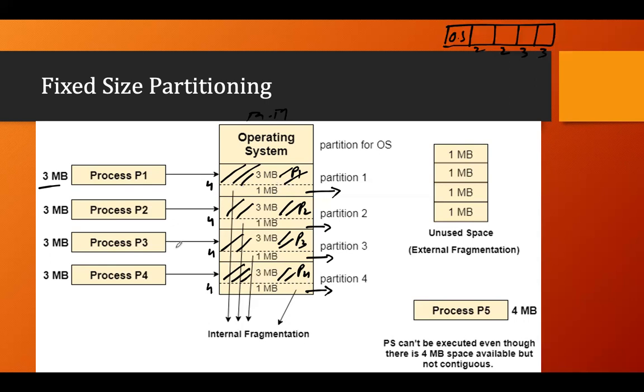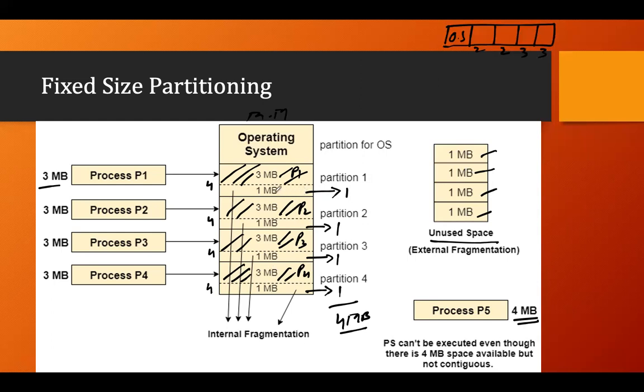If we got another process, let's say P5, which requires 4 MB, can we accommodate P5 here? All are packed. This is 1 MB, this is 1 MB, this is 1 MB, this is 1 MB. We have 4 MB in total, but in a fragmented way, not in a contiguous way. So these 1 MB pieces mean a total of 4 MB of useless space, right?